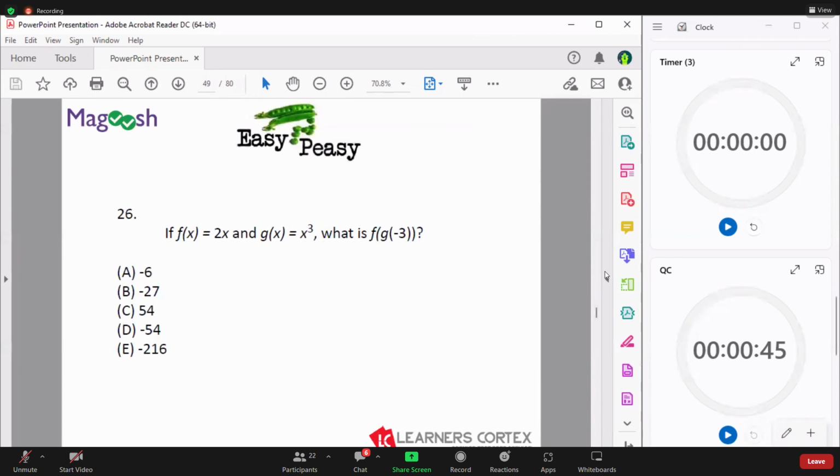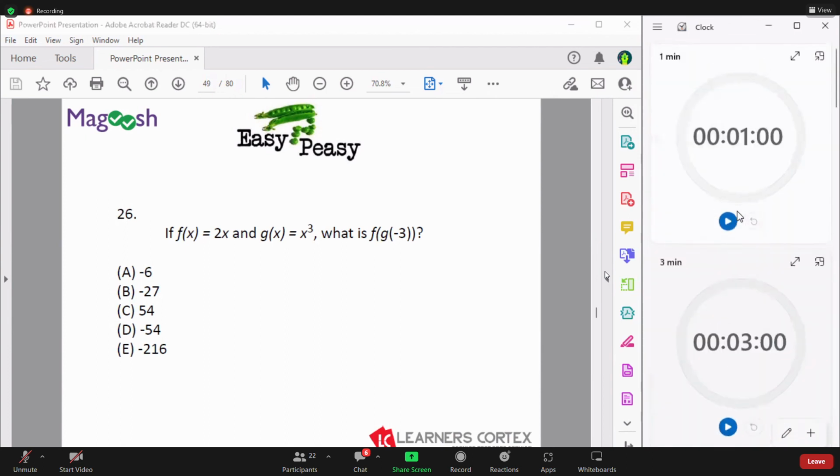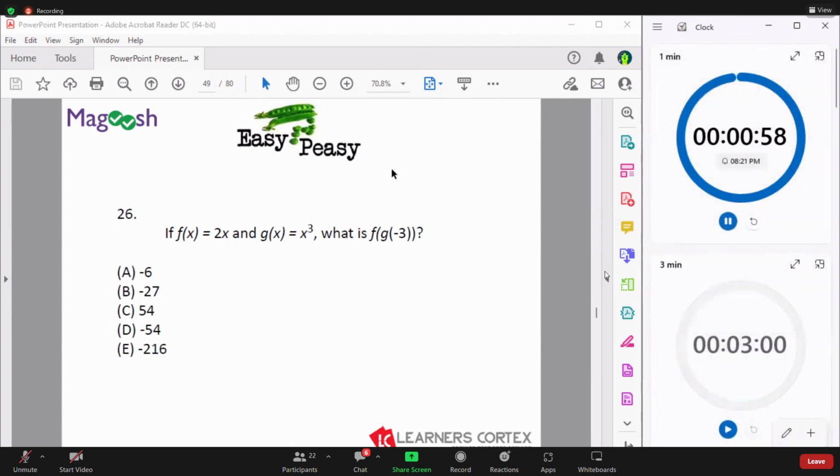start with the questions. If f of x is equal to 2x and g of x is equal to x cubed, what is f of g of -3? This again can be solved within a minute. So let's go. You can write the answers in the chat box.